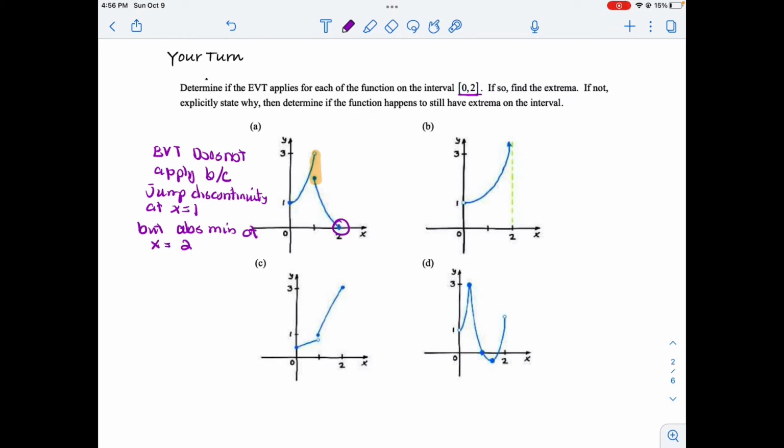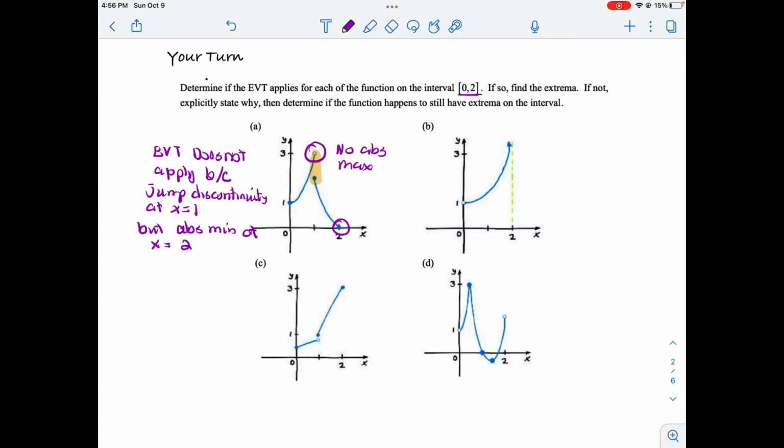Now notice that it does appear that at 1, my graph is getting up pretty high. It's getting close to a height of 3, but it never actually reaches a height of 3, since that open circle means it can never actually reach that height. So where do I pick off my maximum? I can't. So there is no absolute maximum for this graph.